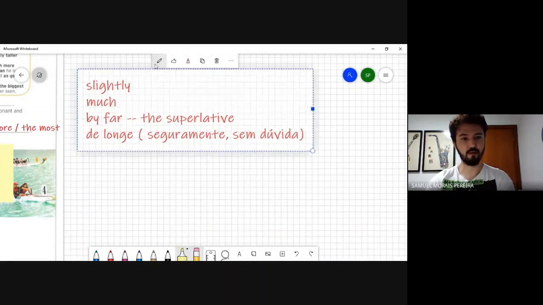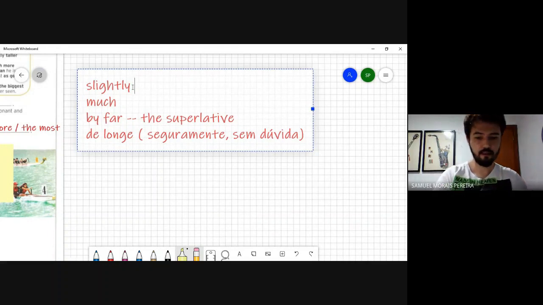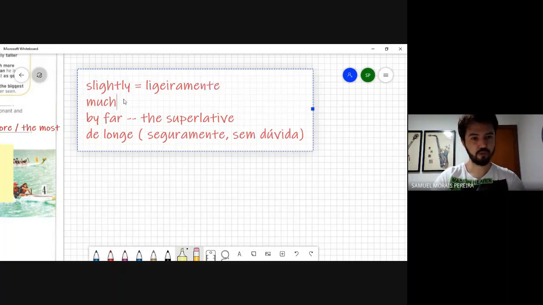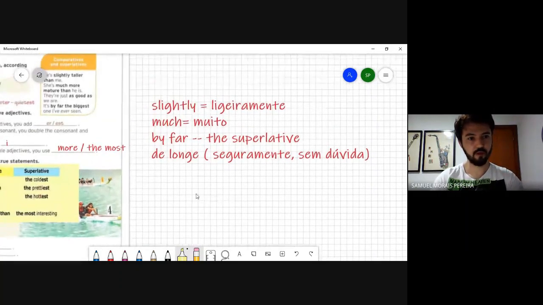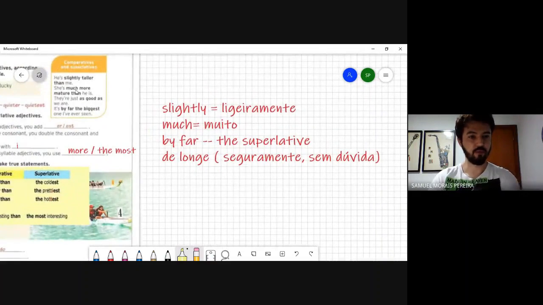Esses são bem fáceis, ó. Slightly is used with the idea of ligeiramente, and much, as I think you all know, much is muito, okay? Muito. So, take a look at the examples you have here. A frase poderia ser assim, ó. He's taller than me. Ó, he's taller than me quer dizer, ele é mais alto que eu.